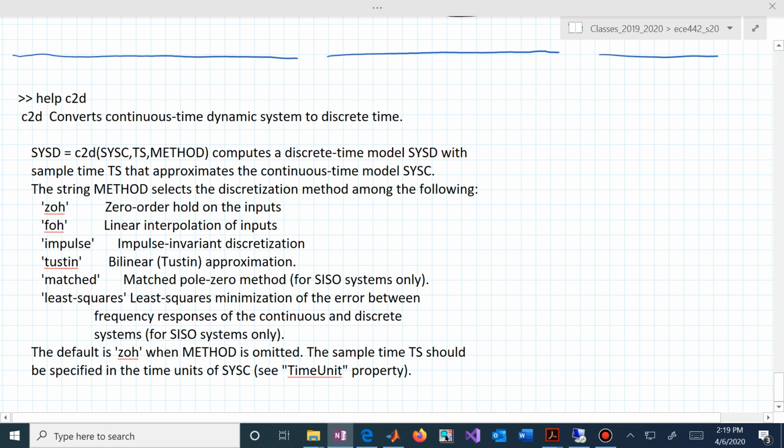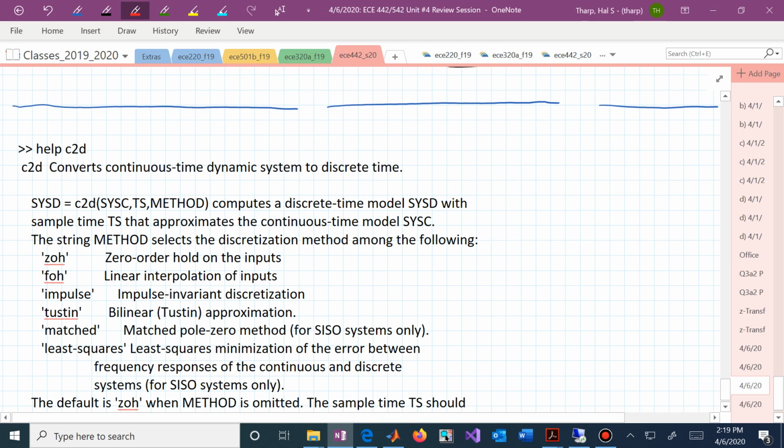You can then quickly take a continuous time system, either in transform expression form or in state space form, together with the sample period, which is what capital T stands for in this functional description, and produce a discrete equivalent.